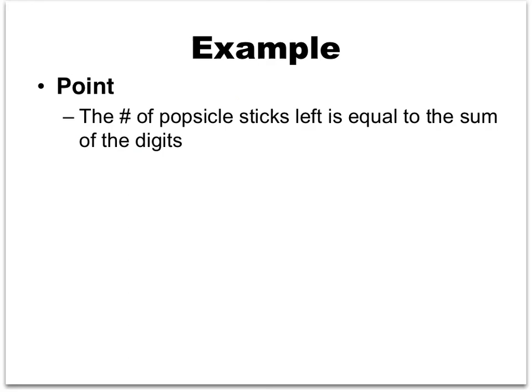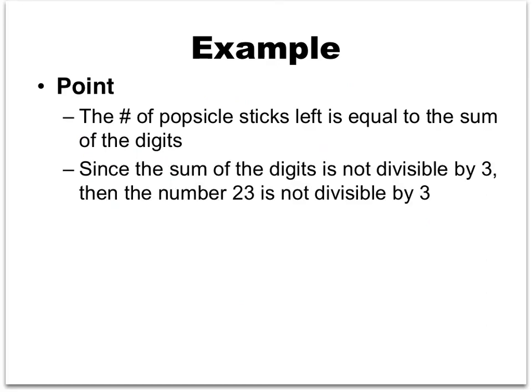So let's take a step back and talk about what's the main point of this. The number of popsicle sticks left is equal to the sum of the digits. We had 2 left over from the 2 bundles of 10, and then we had 3 left over from the 3 individual popsicle sticks.